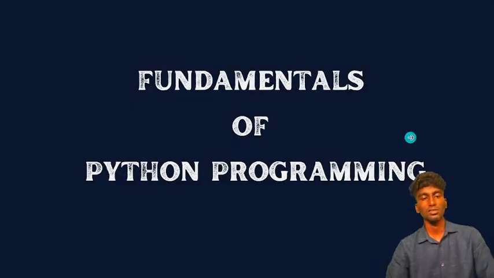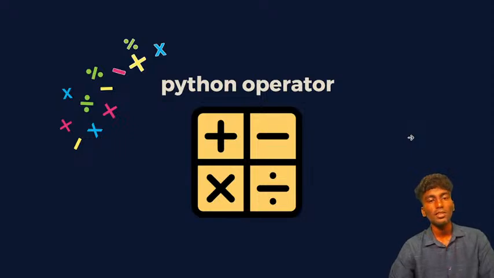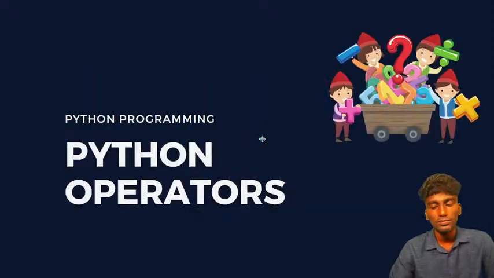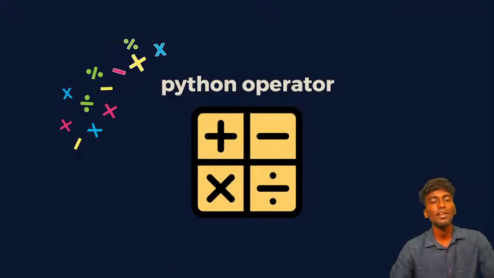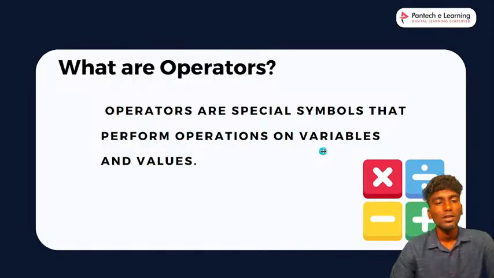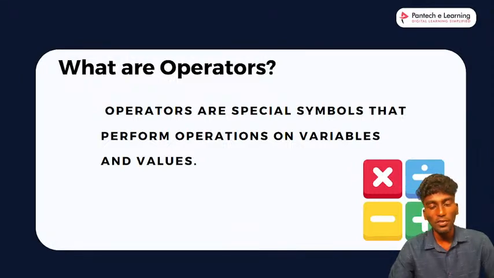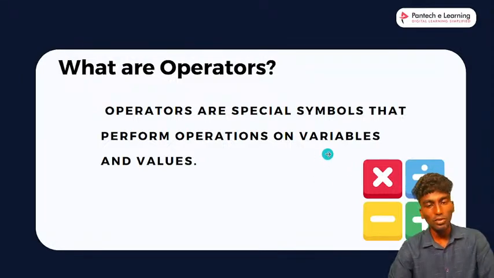Let's start the session. First, what is an operator? An operator is a special symbol that performs operations on variables and values. That means it is a symbol that can perform various operations, and we can easily perform those operations using that symbol.